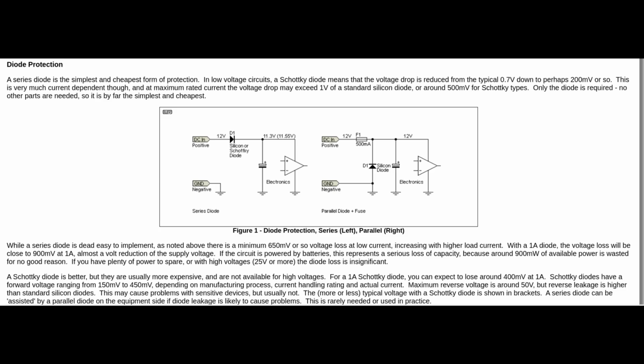The first way is to connect the Schottky diode in series, and the second way in parallel. So the difference is when you connect the positive or negative wires in a wrong way, the diode will just stop the flow and nothing will happen. In the second way, the diode will make a short circuit and then the fuse will be blown.